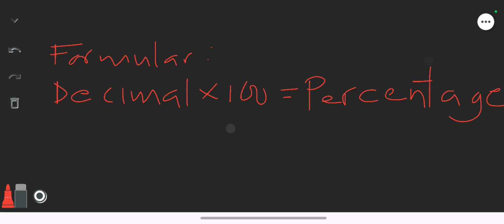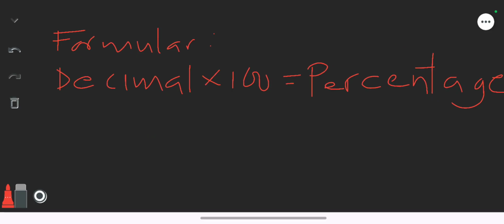There we go, this is a very simple rule you can use.